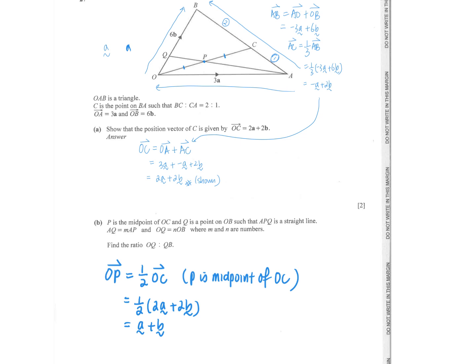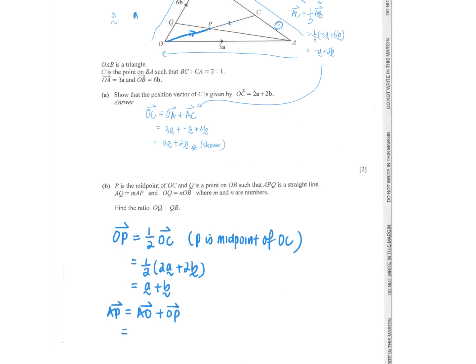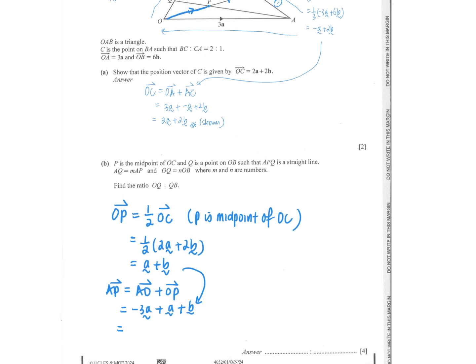The moment you have OP already, you realize that finding AP will be easy. AP is just moving from A to O and then O to P. So AO, we reverse it, is minus 3A. OP you just add this up. So you end up having minus 2A plus B for AP.